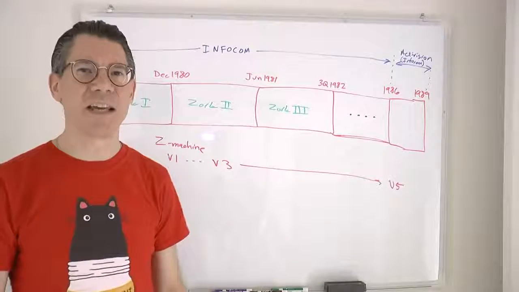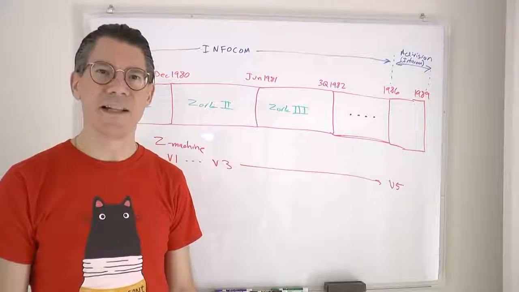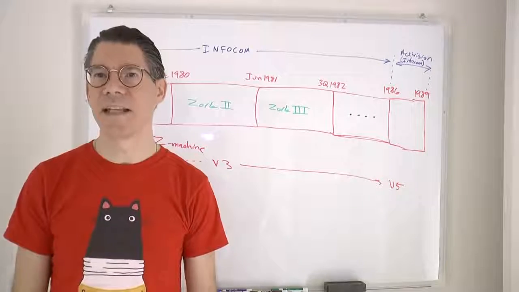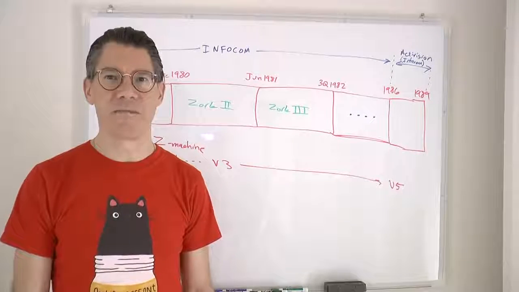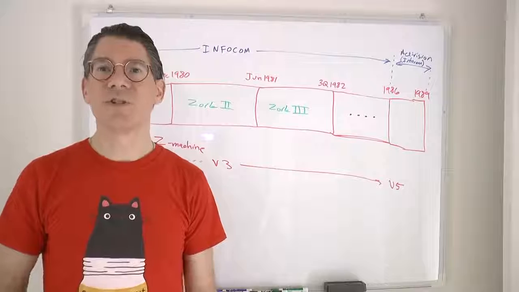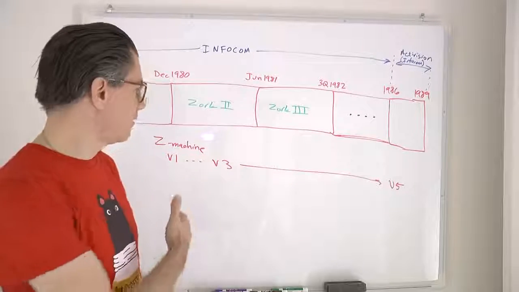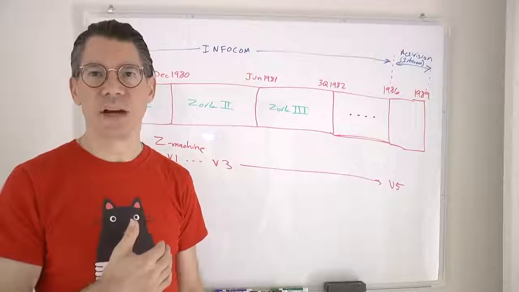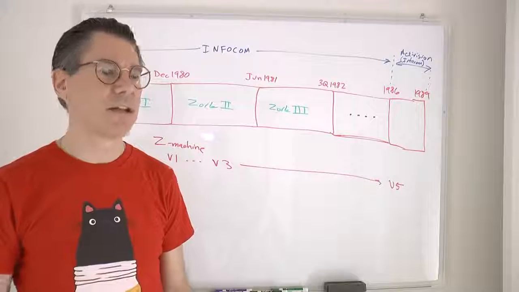Now there is documentation on these various versions, which I link down below. Take a look at it because we will be using that document extensively in order to implement the Z machine on our FPGA. There's a rich community of writers of interactive fiction today. And they have brought the Z machine out to, I think, version 8 or maybe even version 9. I'm not quite sure.